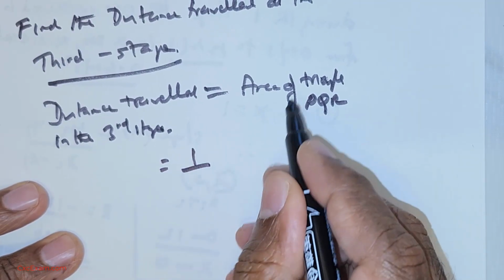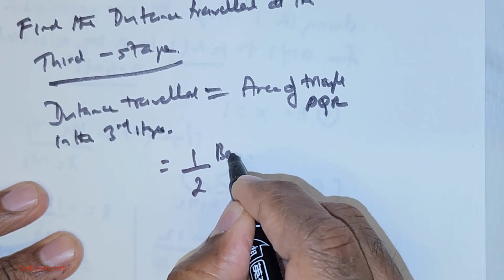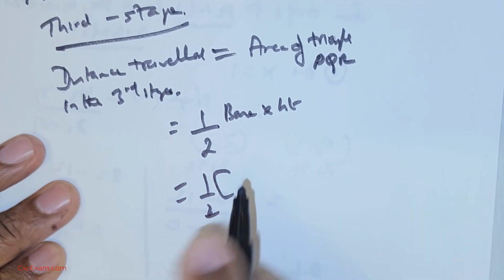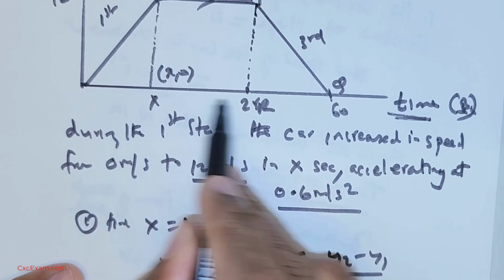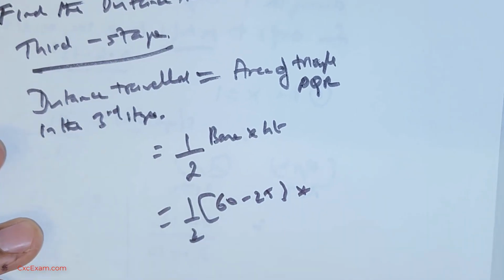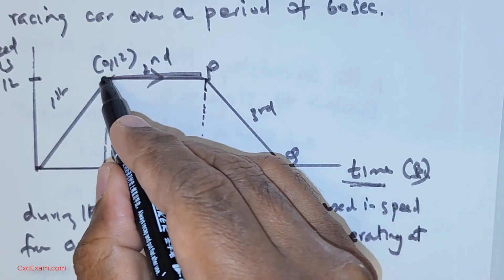So any area related to the triangle is going to be half times the base times height. So my base is, as I mentioned, this entire length is 60. From 60 you take away 25, multiplied by the height. The height here is 12.